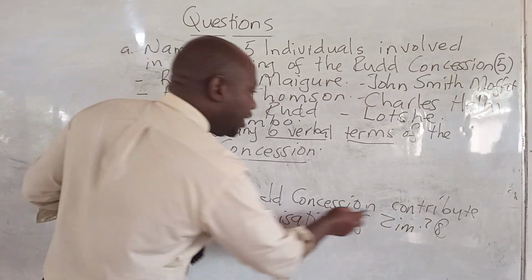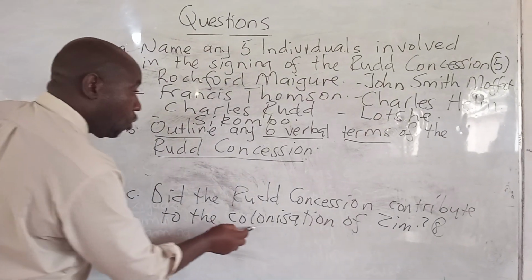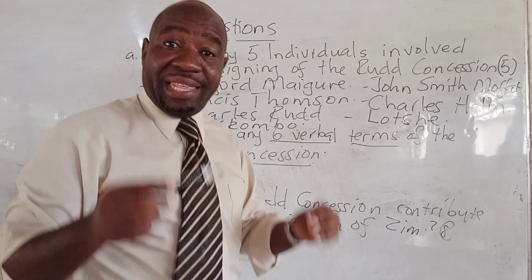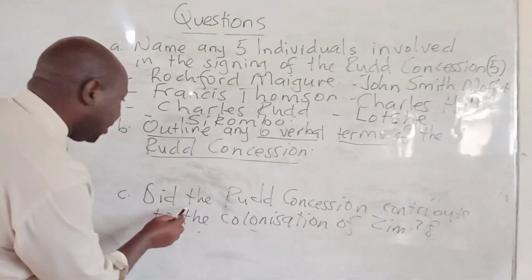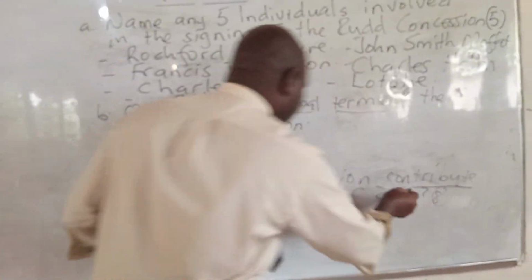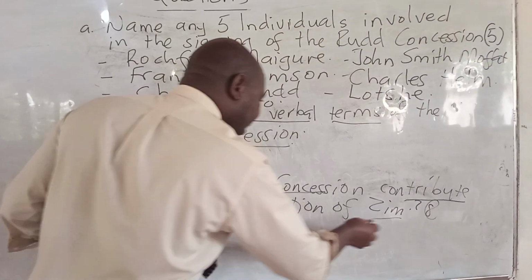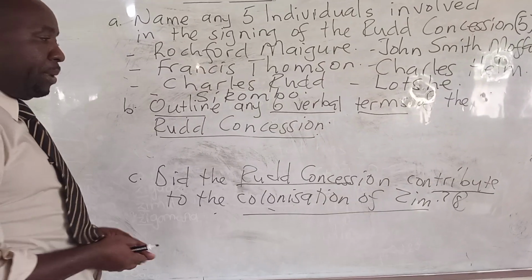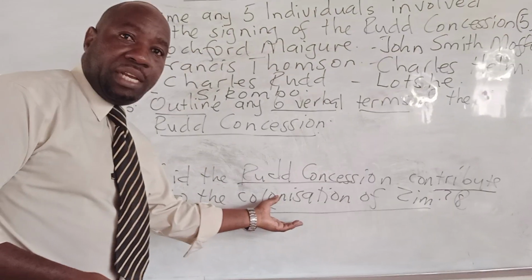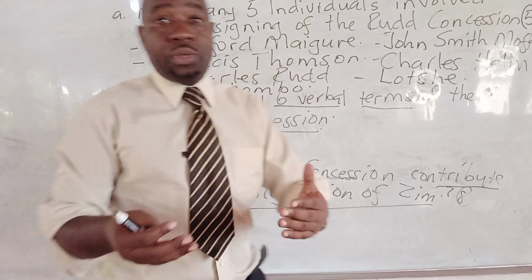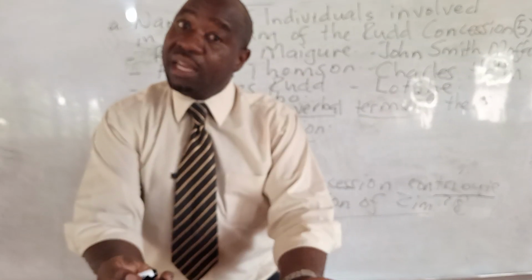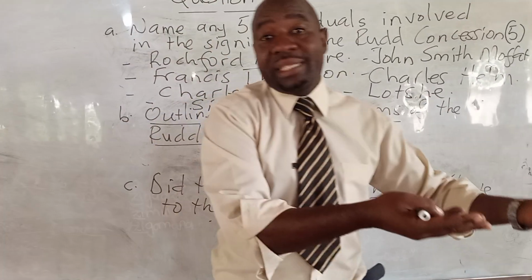Did the Rudd Concession contribute to the colonization of Zimbabwe? On part C, we start by underlining the keywords, which are the Rudd Concession and its contribution to the colonization of Zimbabwe. So we are going to say that the Rudd Concession is either to a greater or to a lesser extent, it's up to you.